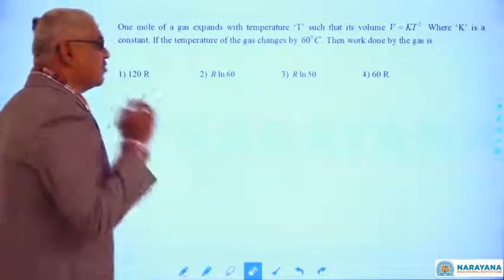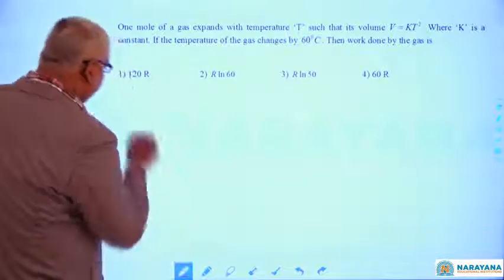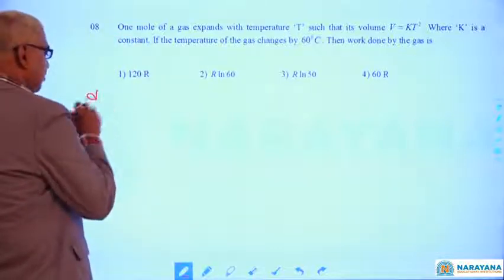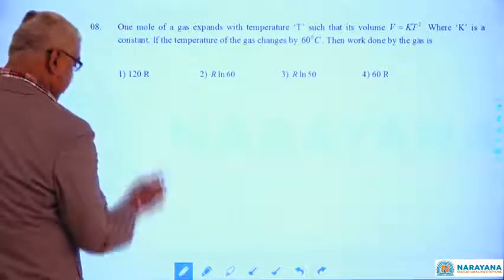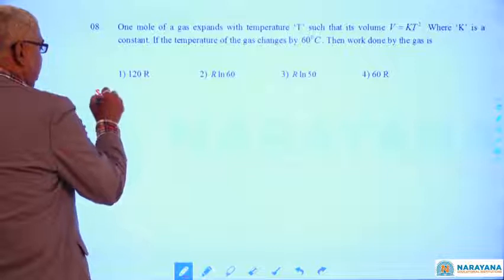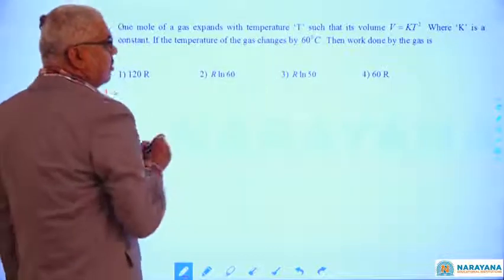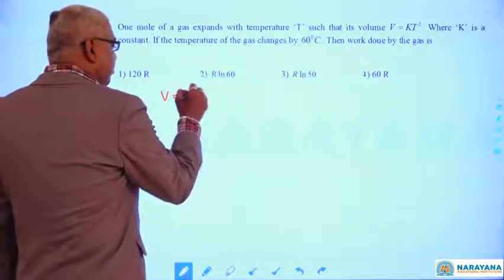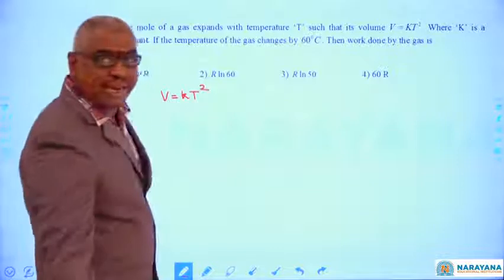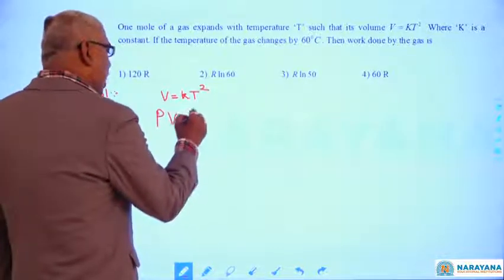Okay, for this, first of all, what we do here is, we are given V equal to kT square. You know the formula: PV equal to RT.